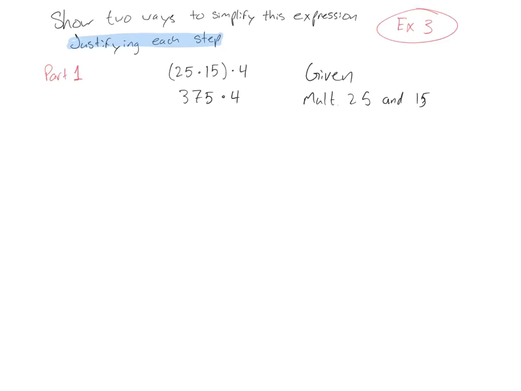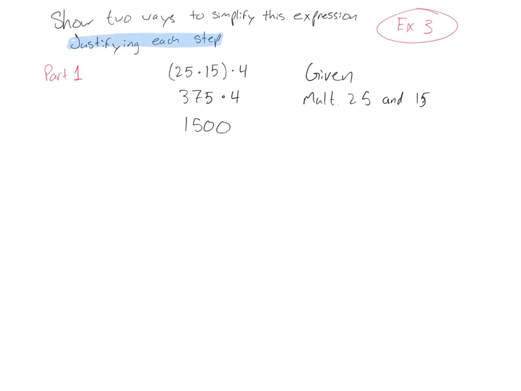Alright, my next step would be then to multiply 375 times 4. If you want to write that out, you can, or we know it's going to be 1,500. Well, again, how to get from the second step to the third step?